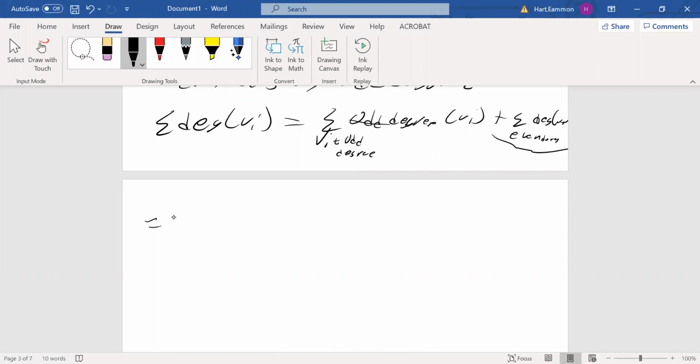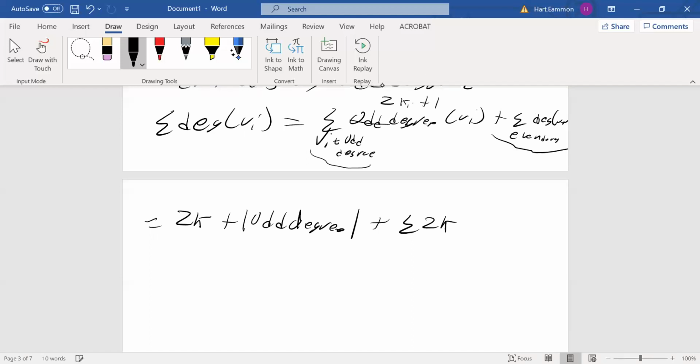The even-degree part is a sum of even numbers, so it's even. We can write that as 2k, plus the sum over the odd-degree vertices. There's an odd number of these, so we can write each of them as 2ki plus 1.